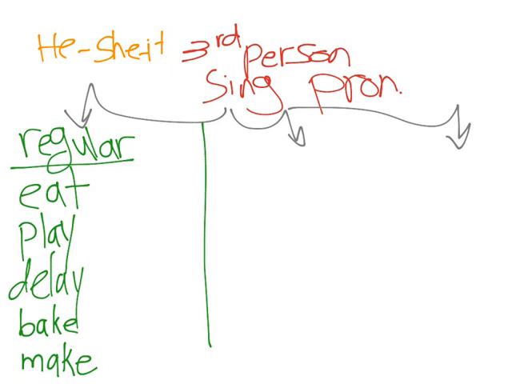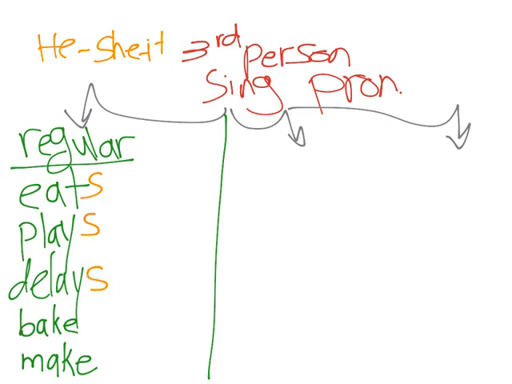So, eat becomes eats. He eats his lunch every day at 3 o'clock. She plays basketball every day at 2 o'clock, for example. He always delays doing his homework.